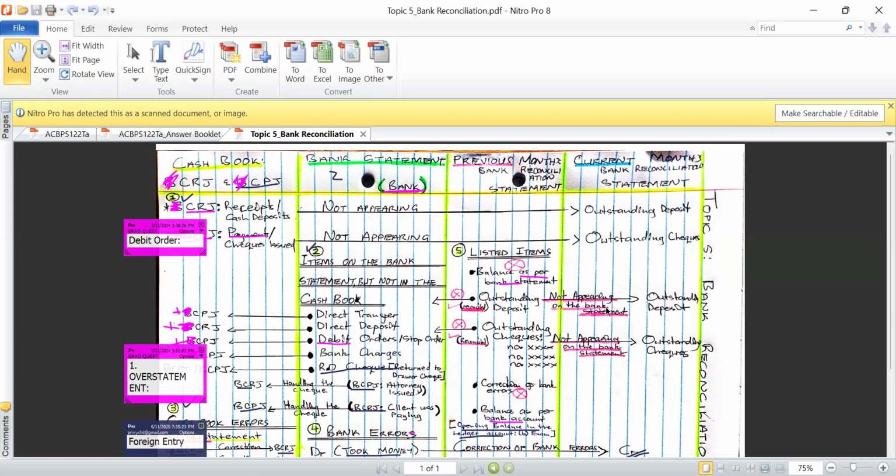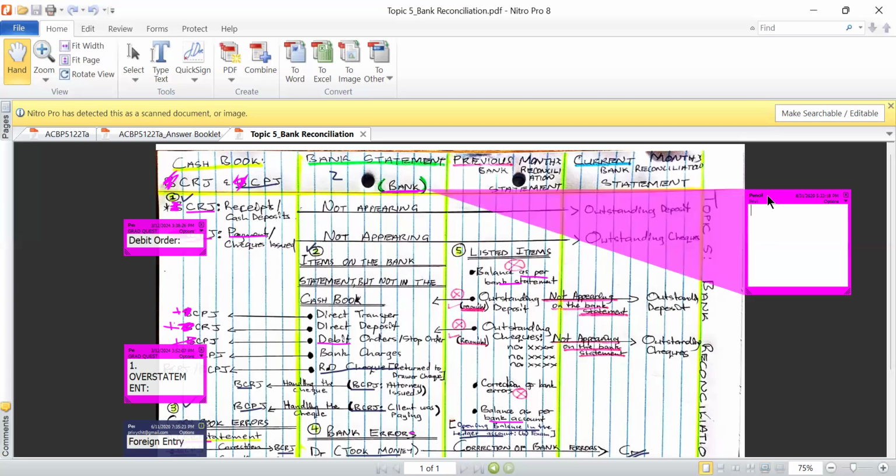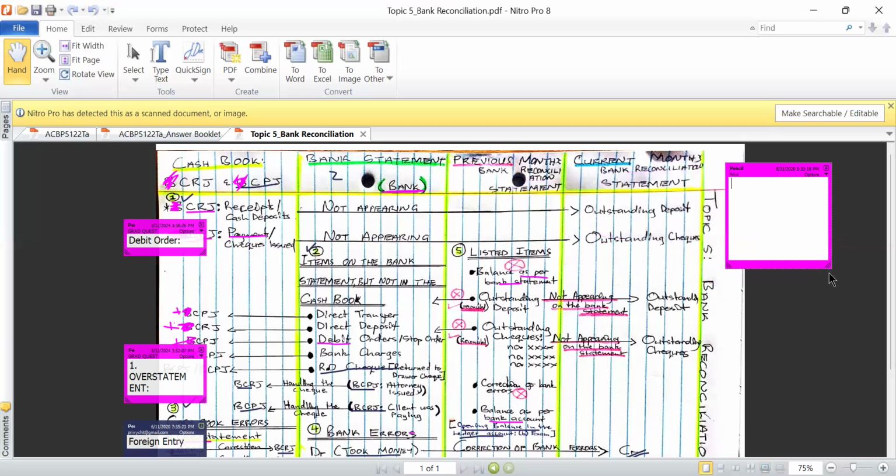So to make it easy, why do companies perform bank reconciliations? The reason for businesses to perform a bank reconciliation is one of the following.